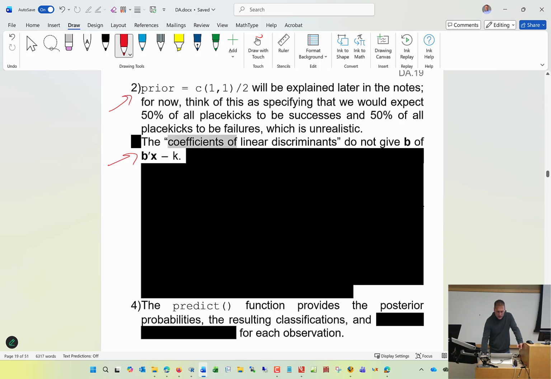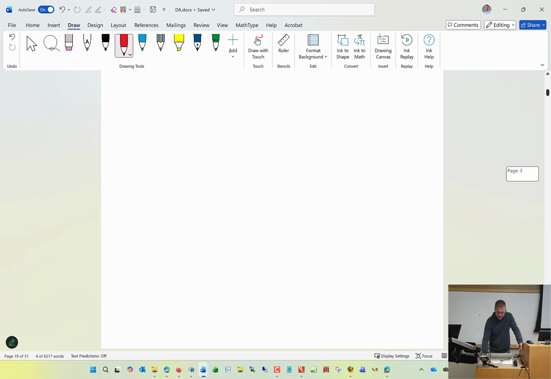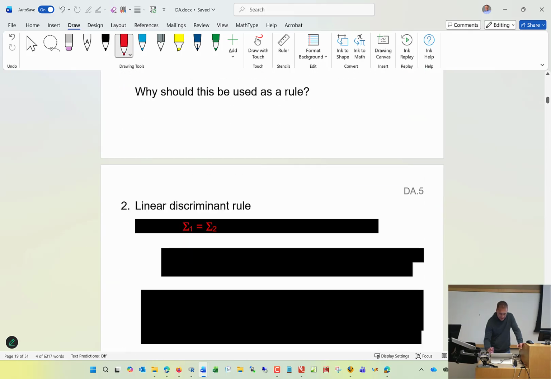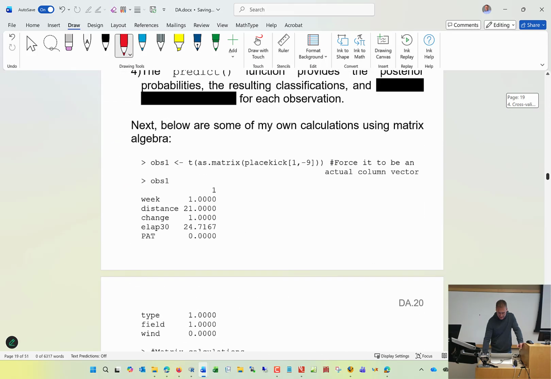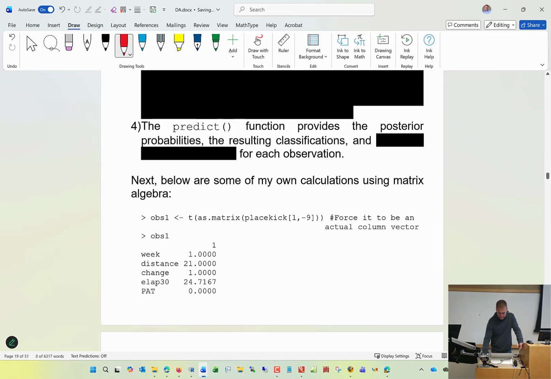So this coefficients of linear discriminants, just to emphasize this, it corresponds to this linear discriminant law that you're not responsible for. So then we also talked about the predict function as well.